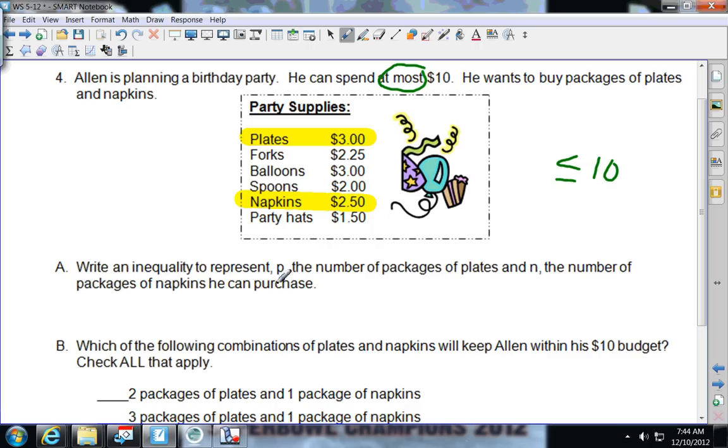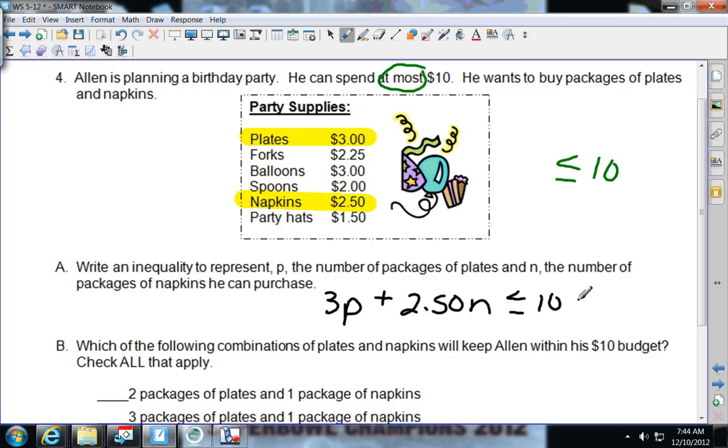It says write an inequality, representing P the number of plates and N the number of napkins. So I've got $3 times P plus $2.50 times N is less than or equal to $10.